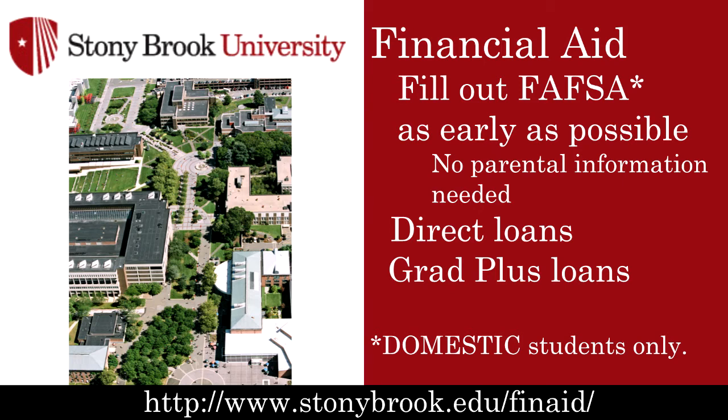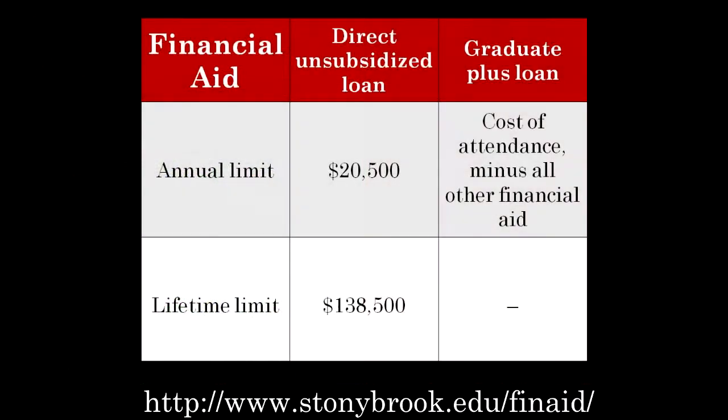There are 2 types of loans that the graduate students can get through FAFSA: a direct unsubsidized loan and a Graduate Plus loan. There are annual loan limits and a lifetime loan limit. Annually, you cannot receive more than $20,500 from the unsubsidized loan.